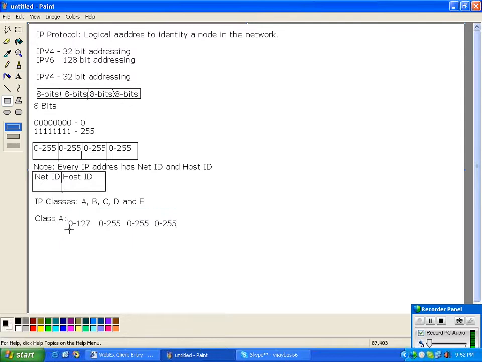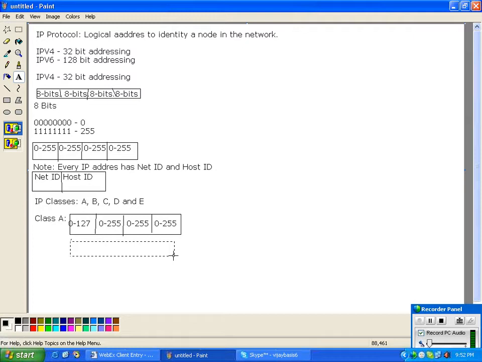Any number between 0 and 127 is part of a class A IP.